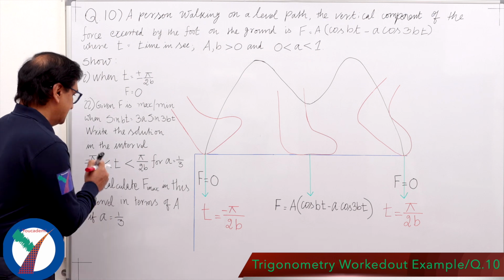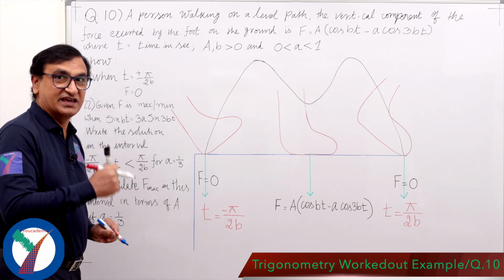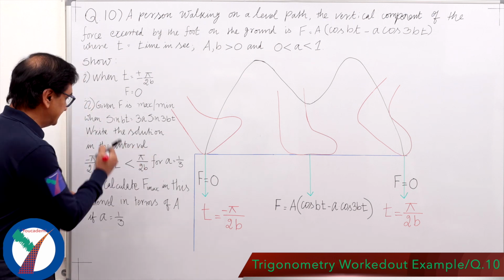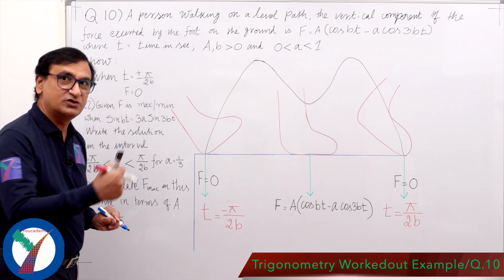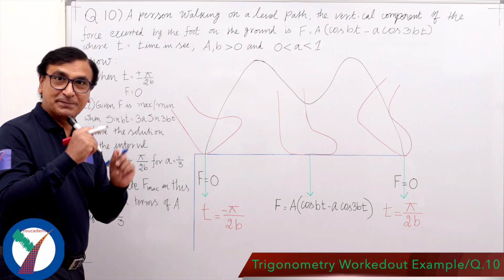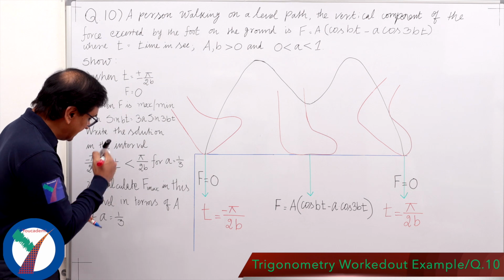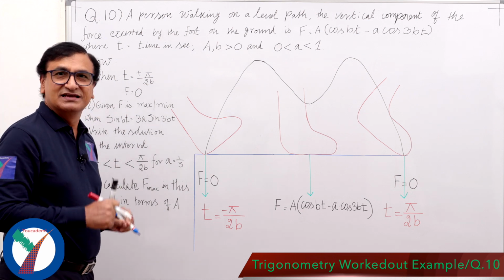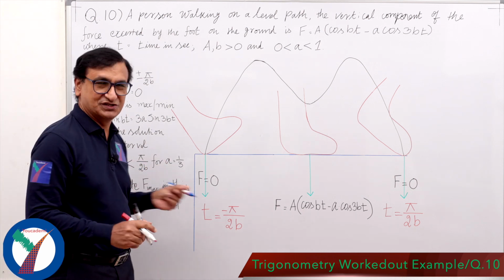Then the third question, calculate the maximum force F max in this interval, that is t equals minus pi by 2b to plus pi by 2b in terms of capital A when small a equals 1 divided by 3. Let me explain the physical meaning of the question.